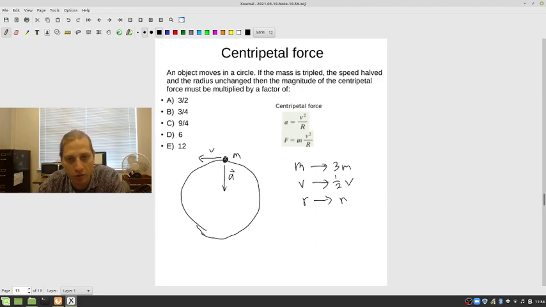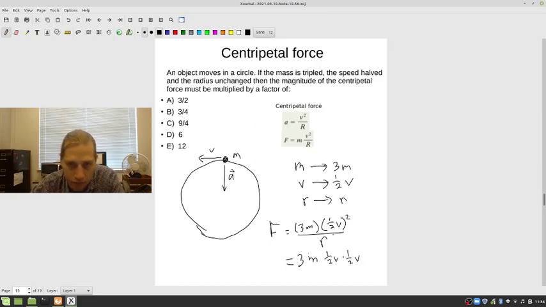Well, the centripetal force is mass times acceleration. A in this case is v squared over r. So if our original F was mv squared over r, now we're going to have 3m times 1/2 v squared over r, and r didn't change. So that's going to give me 3m times 1/2 v times 1/2 v, that's what squared means, over r.